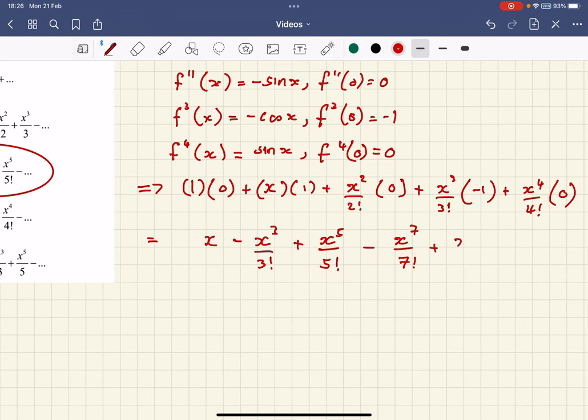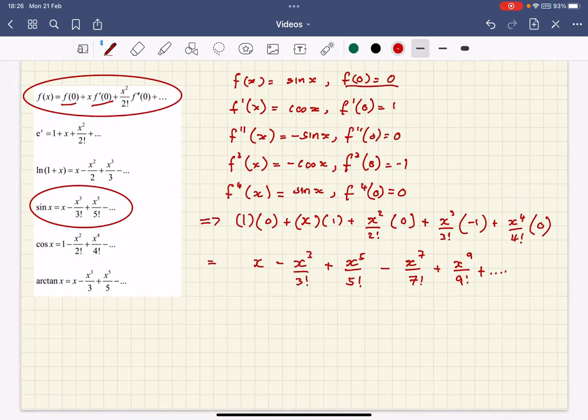So you can see how this pattern is developing like this, and so on. And as you can see, the first part of that expansion right here is the first part of my expansion.